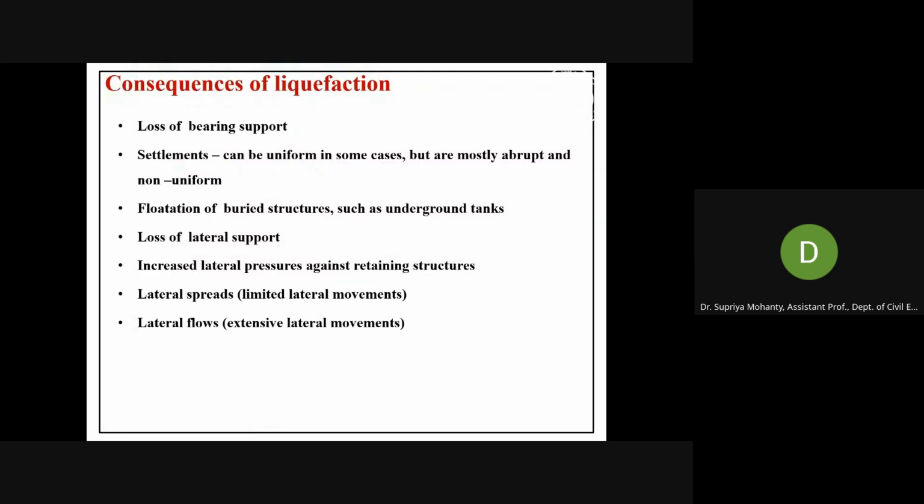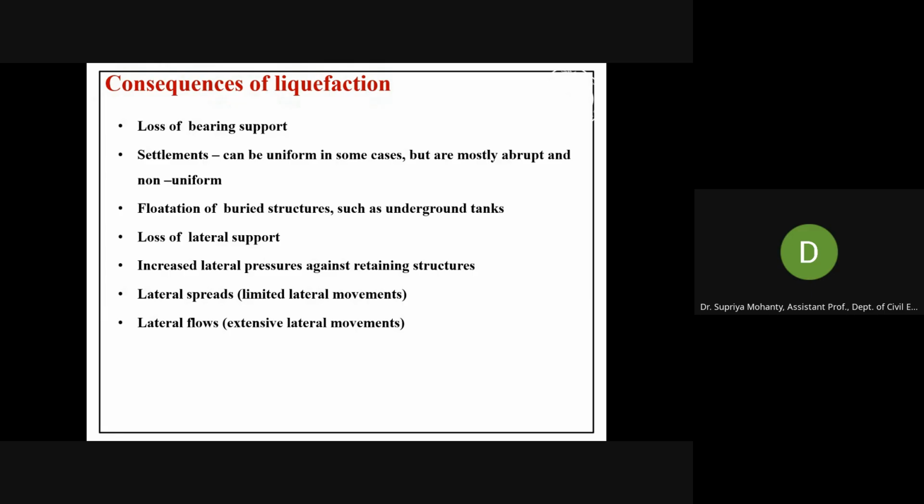So consequences of liquefaction: there will be loss of bearing support and settlement. Mostly you will have a non-uniform settlement, very rare case uniform settlement, because earthquake load is random loading, so uniform settlement is very rare. Flotation of buried structures such as underground tanks, loss of lateral support, increase in lateral pressure against retaining walls.